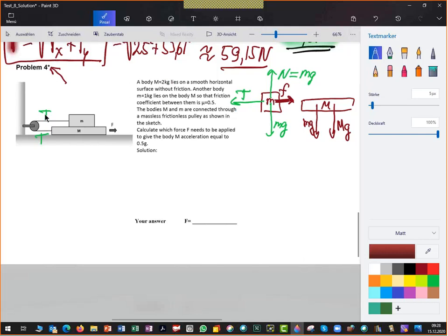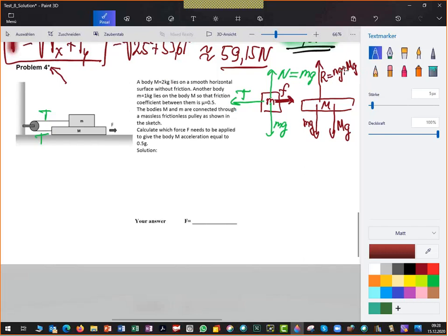And this will be opposed by reaction force, let me call it R, which will balance the gravity forces. That means R will be equal to m small g plus m large g. Okay, the vertical direction is clear.